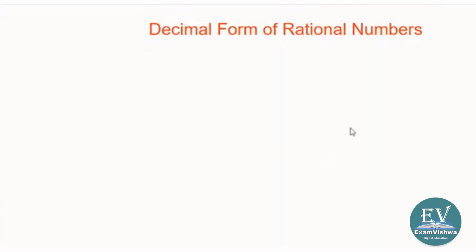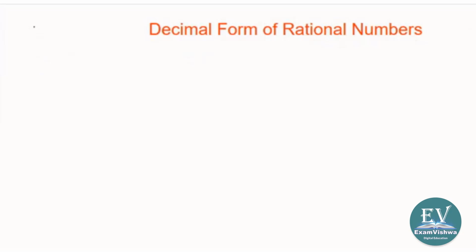Rational numbers are those numbers which can be represented in P upon Q form. That is known to you now. We are familiar with it, right? P upon Q form we can represent.